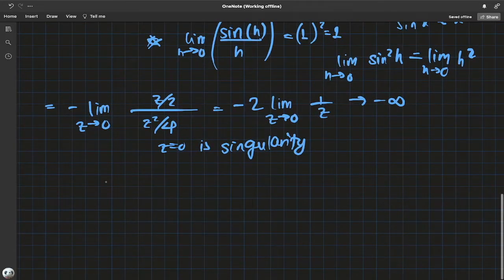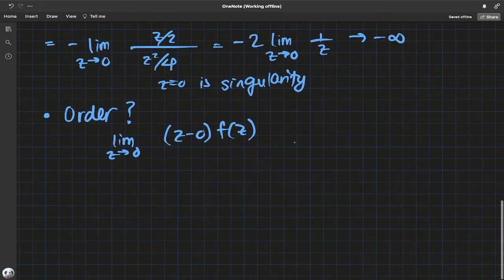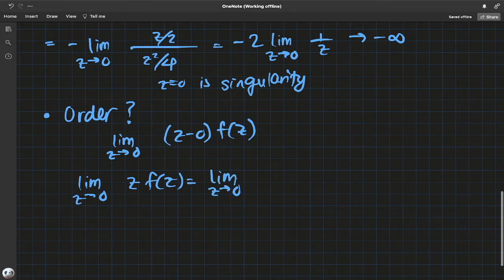What can we check? Let's find the order. Now for the order, as I said, check z minus 0 times f of z. Take the limit as z goes to 0. Check whether this is finite or whether it's diverging. So if we do that, the limit as z goes to 0 of z times f of z, which is the limit as z goes to 0 of z times z over cosine z minus 1.